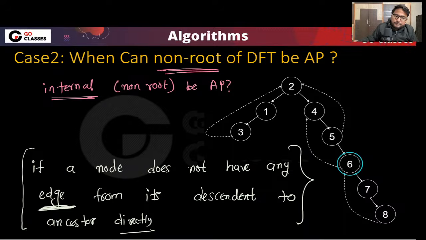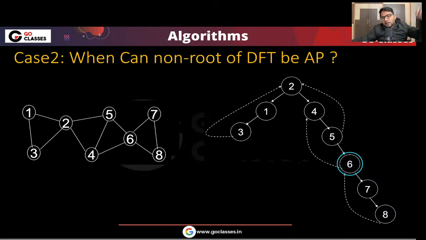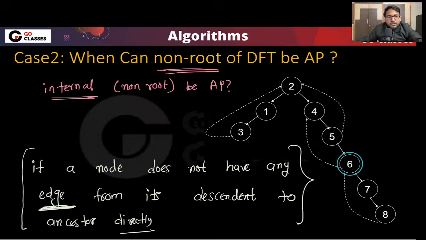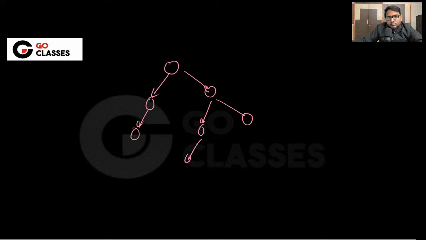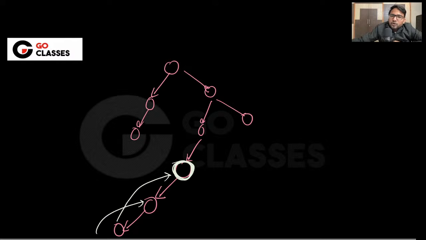Okay, see, first of all tell me, if you have something like this, let's suppose I want to check whether this is an articulation point or not, and the only edges that I'm having are basically something like this.